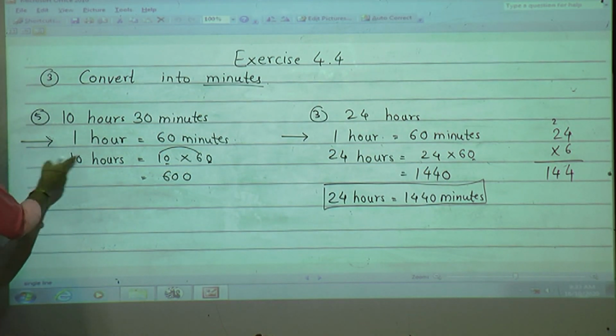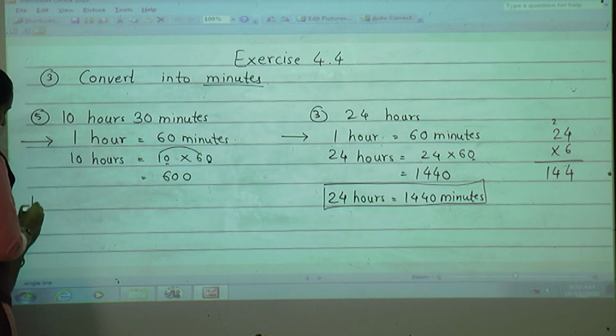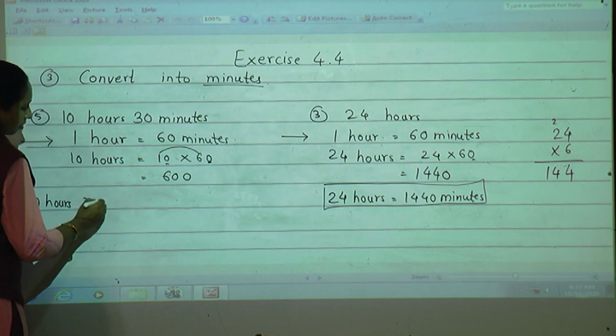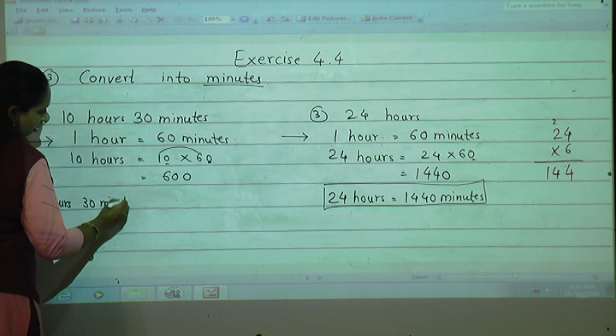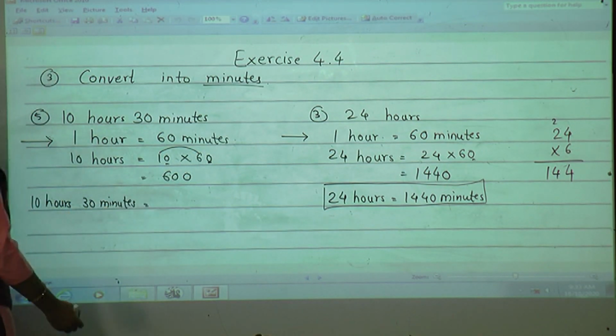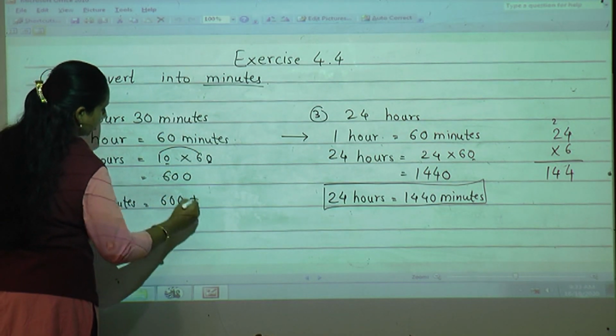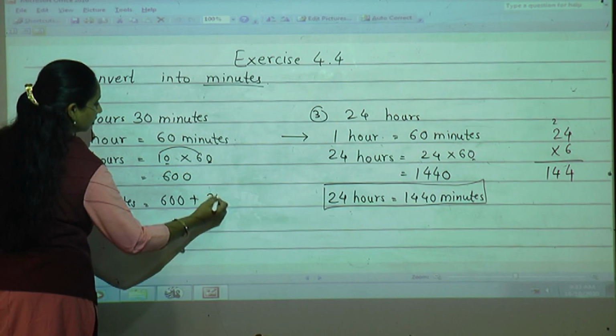This is 10 hours we have converted into minutes. Now we have to convert 10 hours and 30 minutes also. So 10 hours 30 minutes is equals to 10 hours means 600 minutes and just add 30.